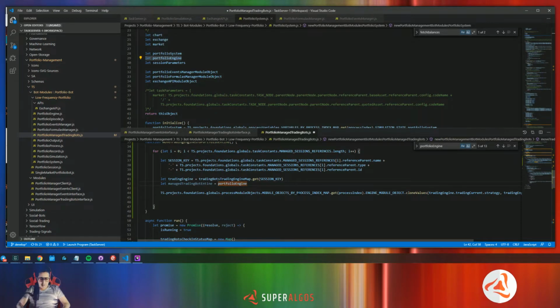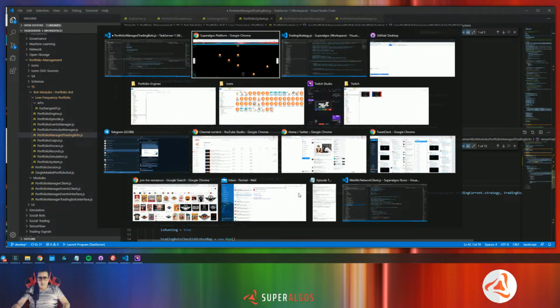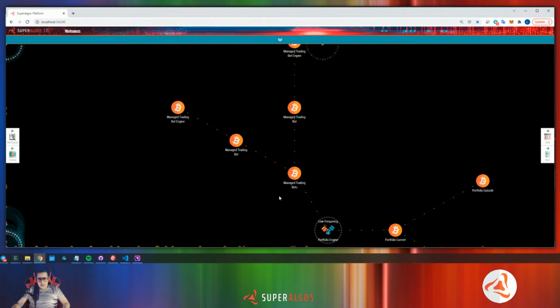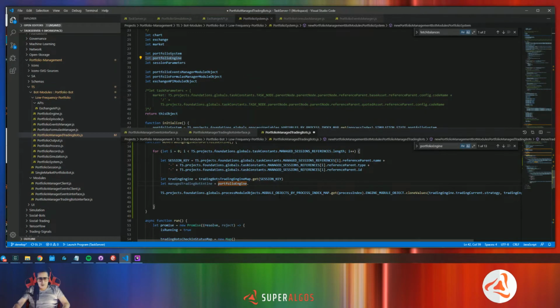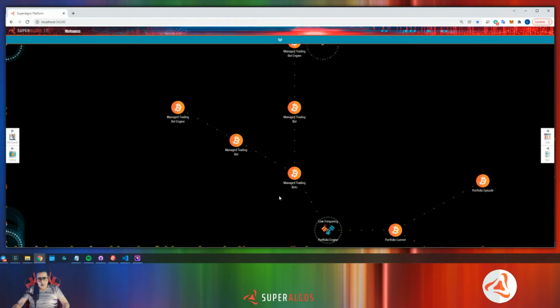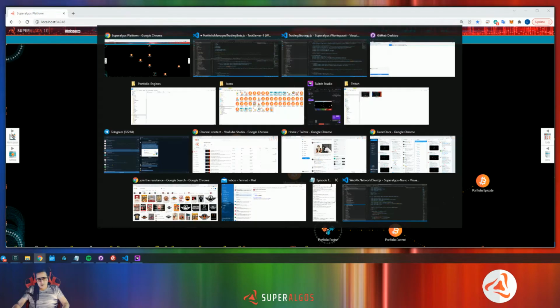So this is going to be portfolio engine, manage trading bots, dot, this is the node manage trading bots.